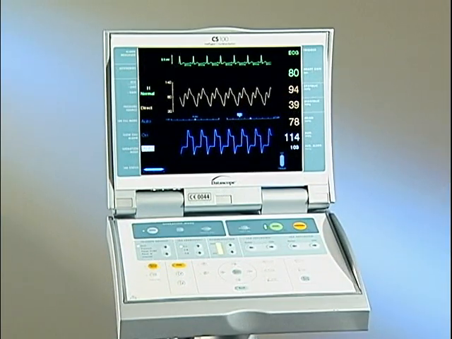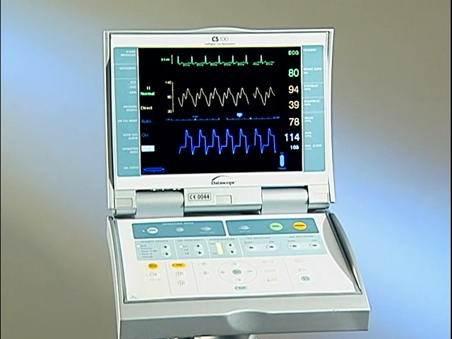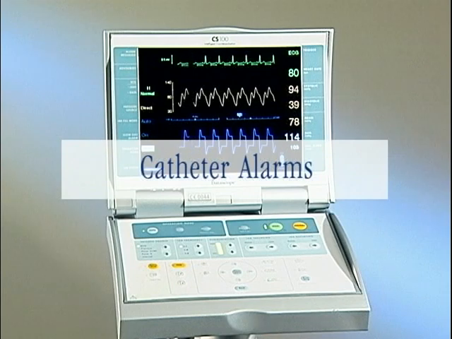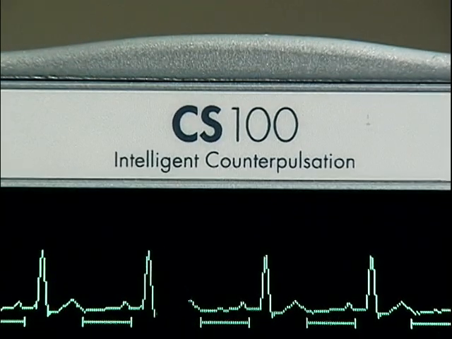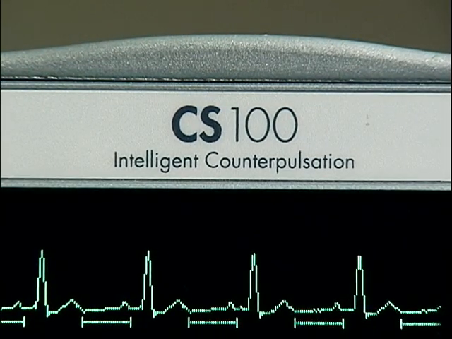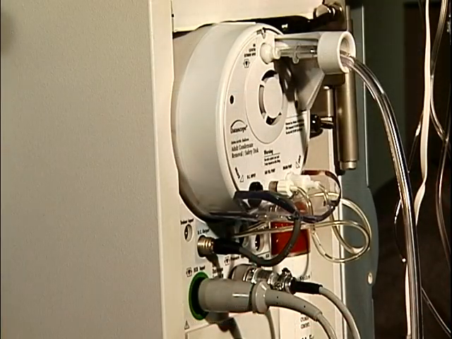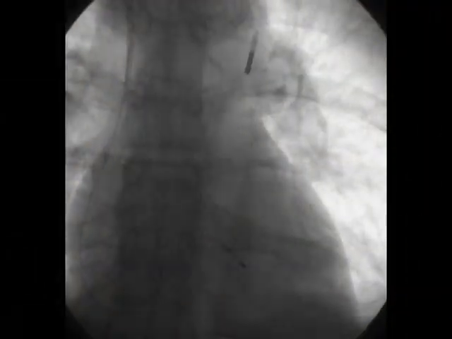You have now been introduced to a selection of the alarms which derive from the electronic system of the CS100. The second category of alarms is catheter alarms, derived from the pneumatic system of the CS100. The CS100 continually monitors many specific parameters of the pneumatic system, from the pump to the catheter within the patient.